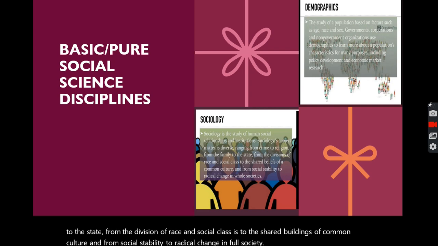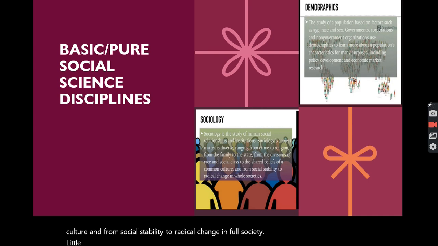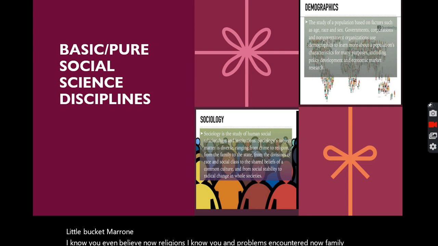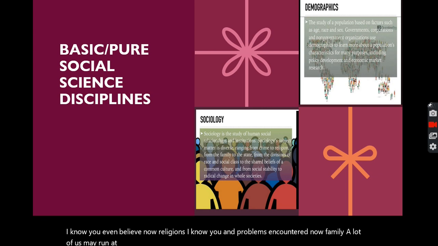So pinag-aaralan na dito bakit ganito ang behavior ng tao. Halimbawa, bakit pumapatay ang isang tao, bakit nagkakaroon ng crime, bakit iba-iba ang belief ng religions, ano yung problema, ano ba yung mga na-encounter ng family. A lot of us meron pong problema sa family, no?